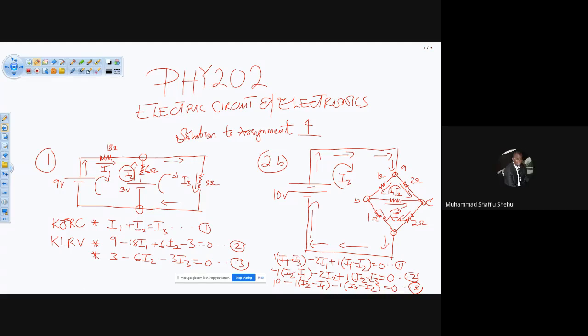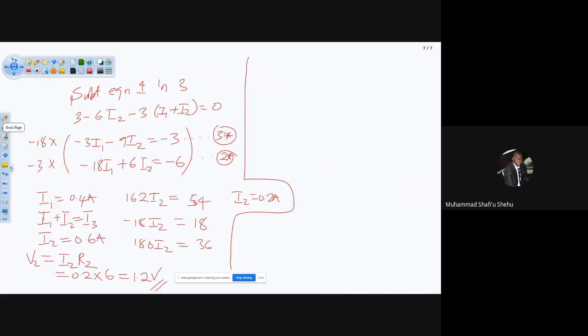So the simplified form of these three equations are going to be: the first one is going to be 0 I1 minus I2 minus I3 equal to 0.